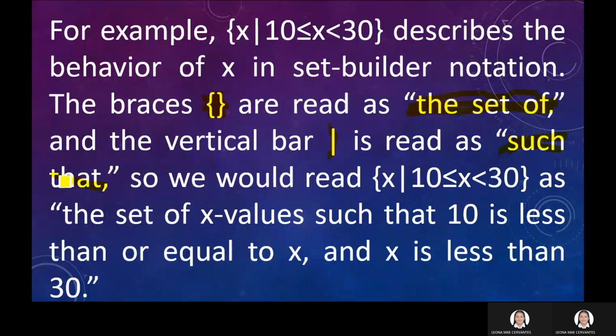So we would read the set builder notation as the set of x values such that 10 is less than or equal to x and x is less than 30.